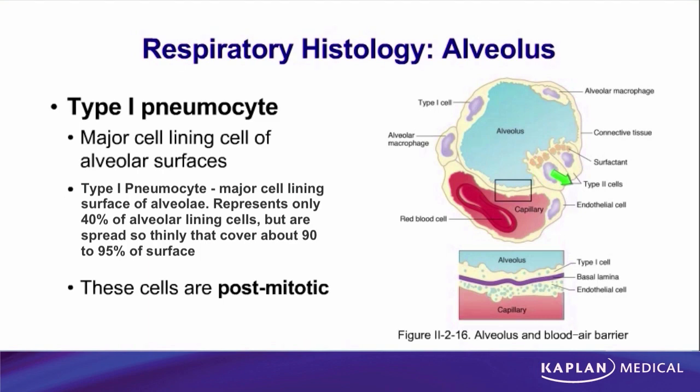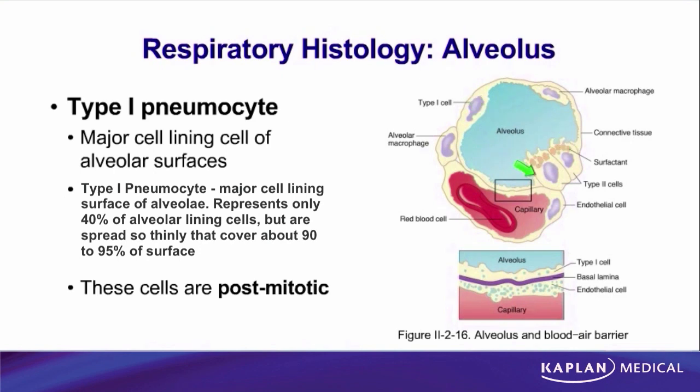And type 2 pneumocytes have two important functions. One is they are stem cells. So type 2 pneumocytes are mitotically active. They divide, giving rise to more of themselves, as well as giving rise to cells that will differentiate into type 1 pneumocytes. So type 1 pneumocytes come from type 2 pneumocytes. That's the source of the cells as these wear out and get replaced.